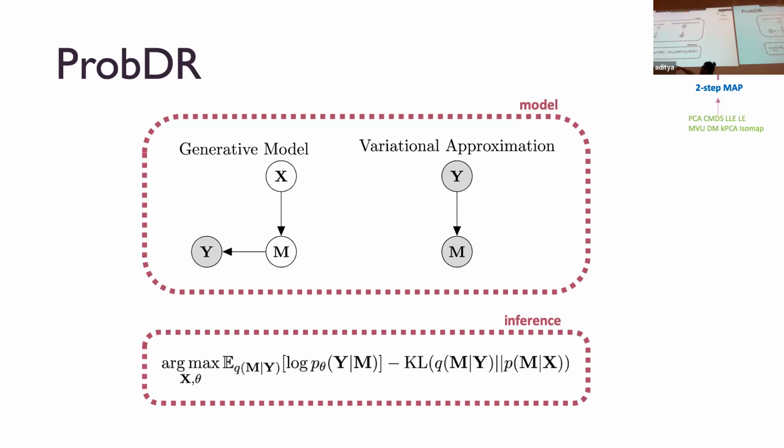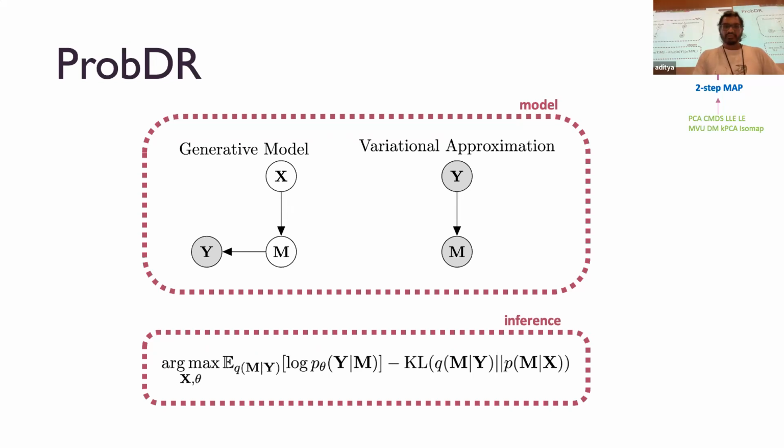So you actually don't need this term, but this term corresponds to a free addition that you get by just slapping on the link from M to Y there. So in ProbDR, although you can interpret the entire framework as just stopping with M, you can add another link to Y to be able to reason about things at the data level. And you can do this for free, by just adding a constant to your objective.